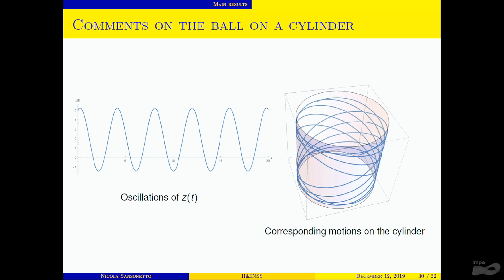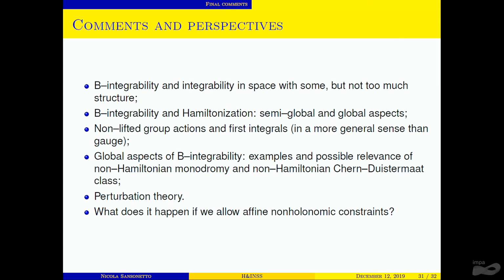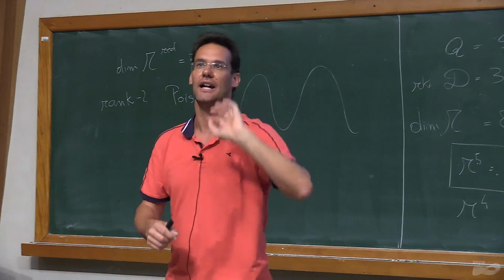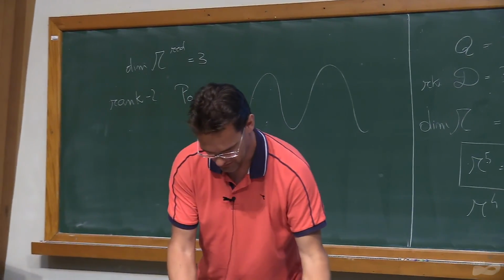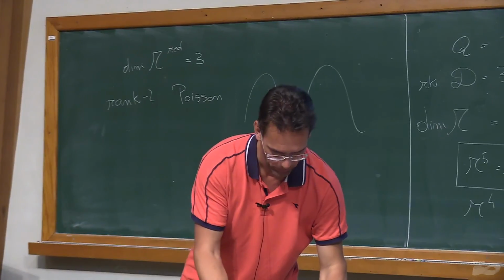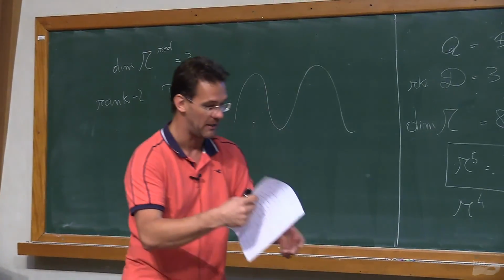So I want to conclude with some, let's say, perspective. So I'm so happy that this long project sees a kind of light at the end, but many other questions remain open. In particular, I want to mention 3 of them.